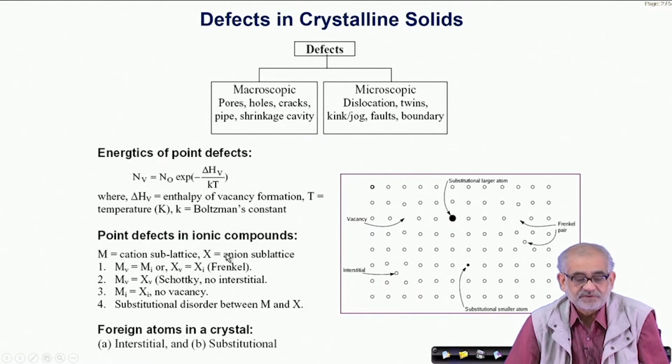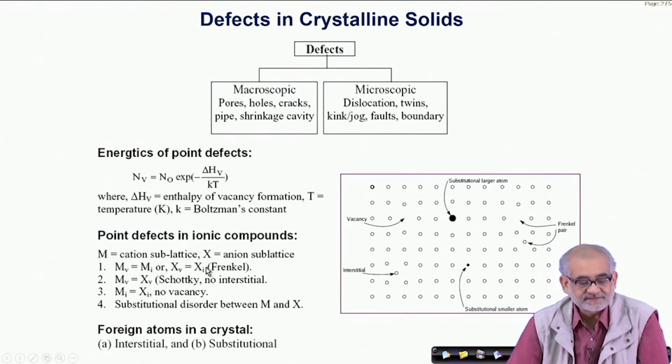But let's say in a simple case we have an ionic crystal where M is the cation and X is the anion, and so M goes to the cationic sublattice and X goes to the anionic sublattice. In a situation like this, you expect that M goes to the positions identified for M and X goes to the positions identified for X.